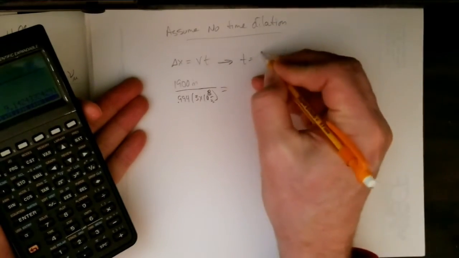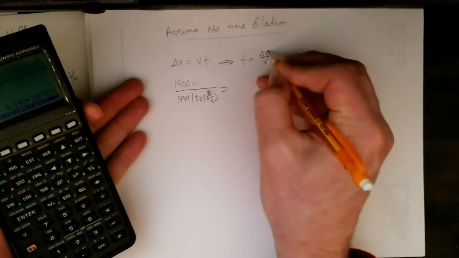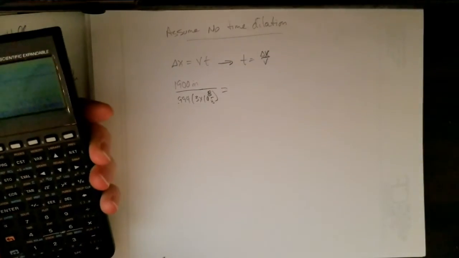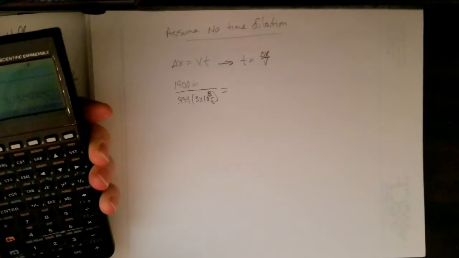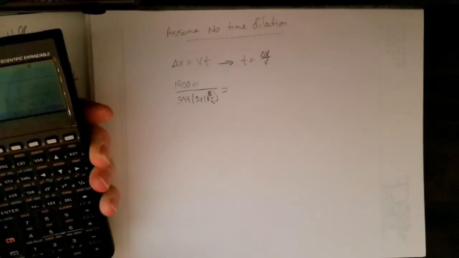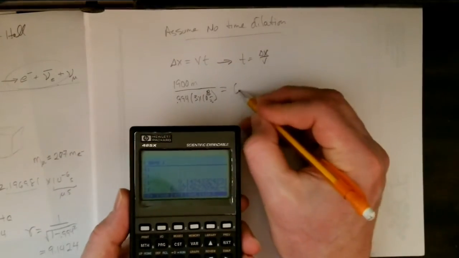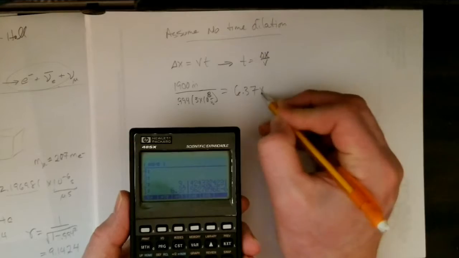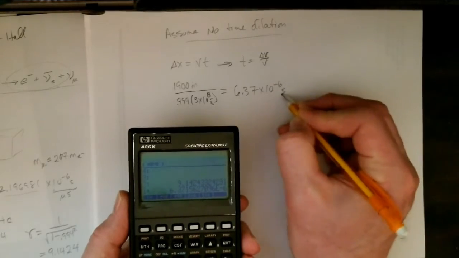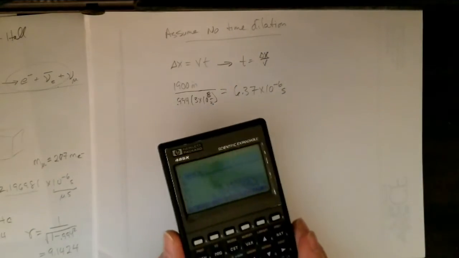For those who missed it, time is equal to distance over speed. So we have 1,900, 0.994, and then 3 times 10 to the 8th. And what we end up with is 6.37 times 10 to the negative 6 seconds. So it doesn't take very long.